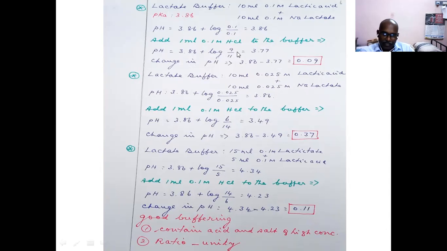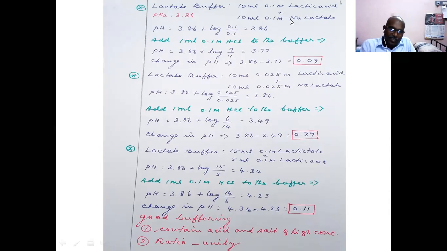Because even if you multiply this by 0.1 and divide it by 0.1, it's all the same. Therefore, the new ratio is 9 by 11. Previously, that was 10 by 10, 10 ml divided by 10 ml. Now, when you add 1 ml of 0.1 molar HCl, it will react with the sodium lactate, generating 1 more ml of lactic acid of 0.1 molar strength by consuming 1 ml of sodium lactate of 0.1 molar strength.